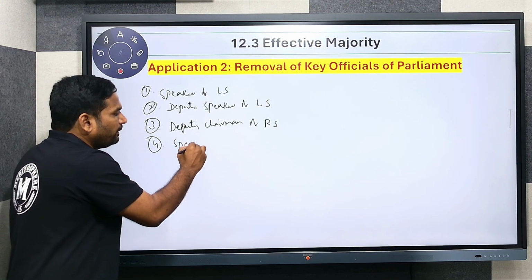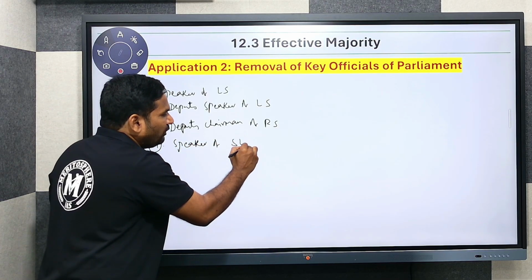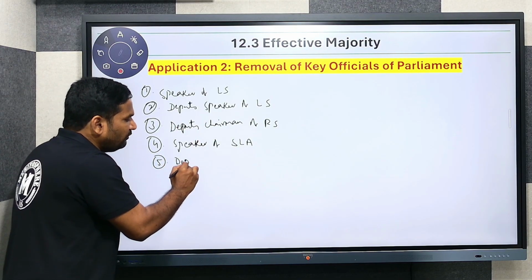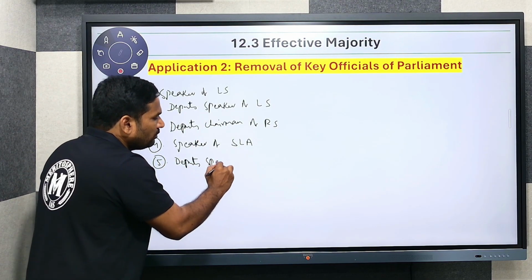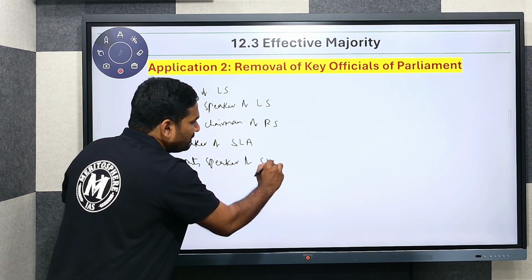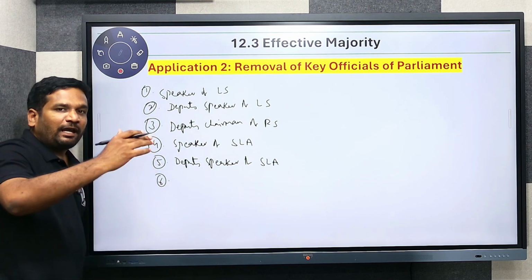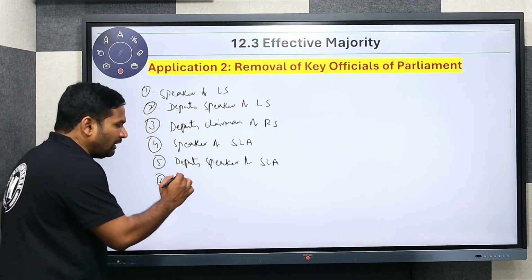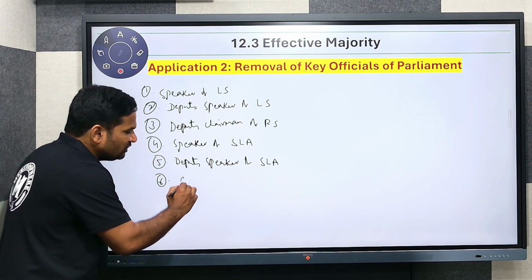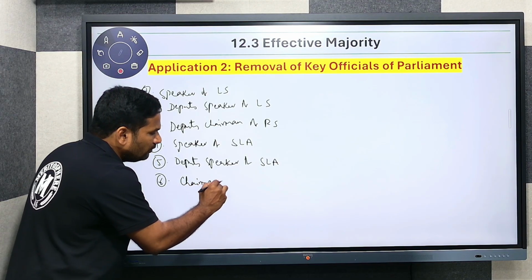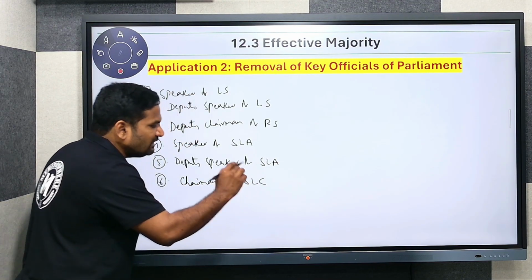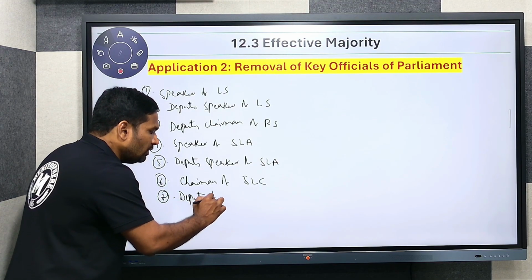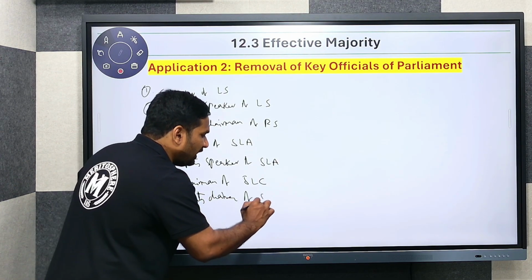Speaker of State Legislative Assembly, SLA meaning State Legislative Assembly, Deputy Speaker of State Legislative Assembly. Wherever there is bicameralism in the state legislature, we count Chairman of State Legislative Council, SLC meaning State Legislative Council, and Deputy Chairman of State Legislative Council.